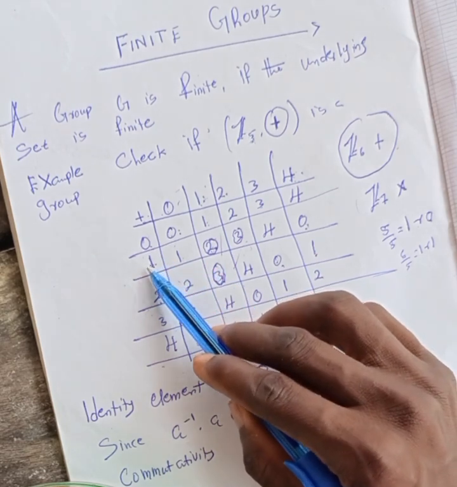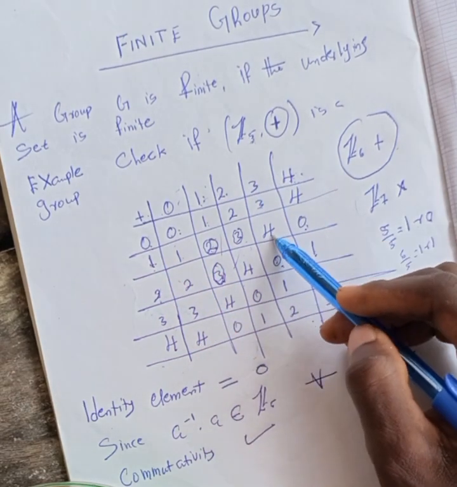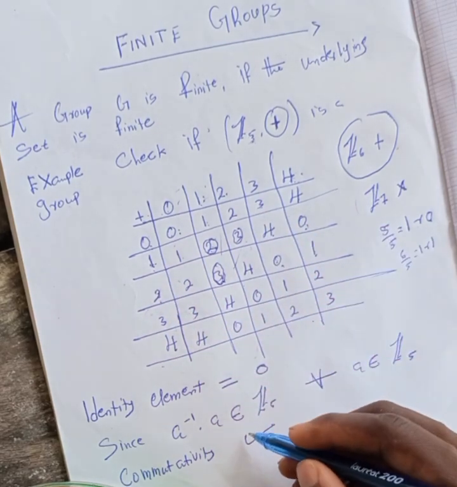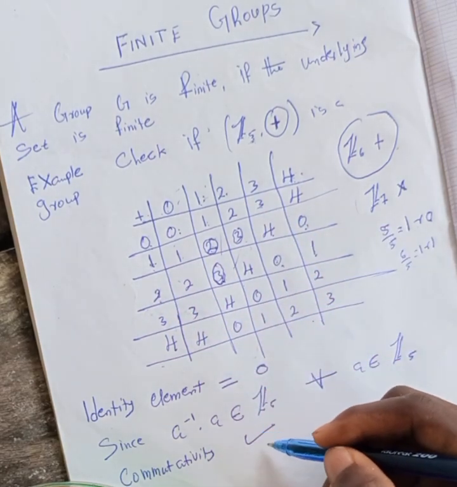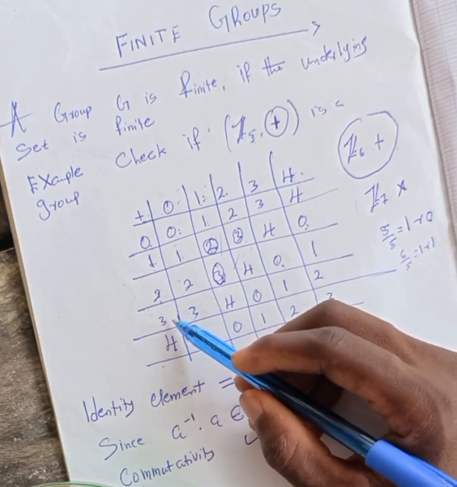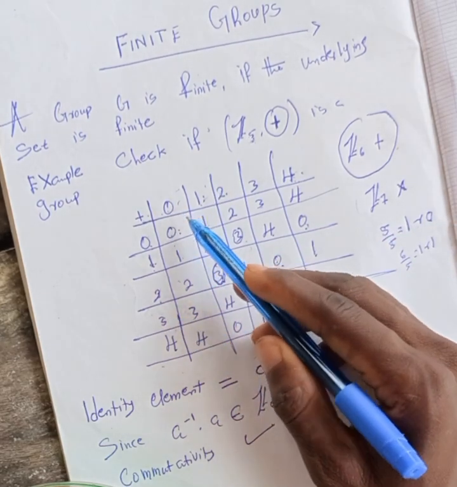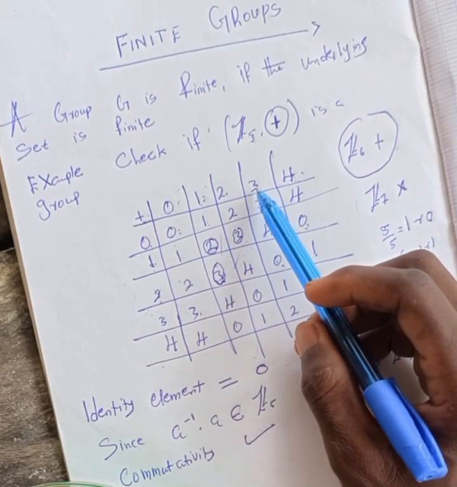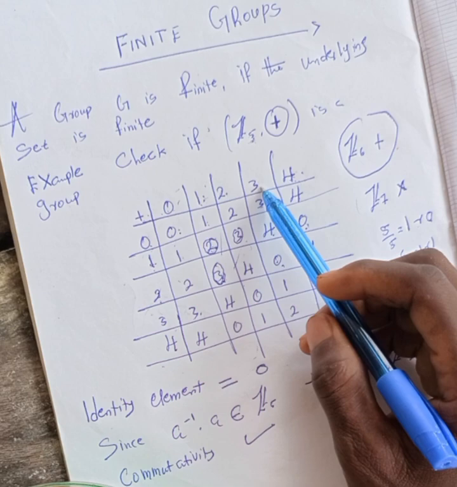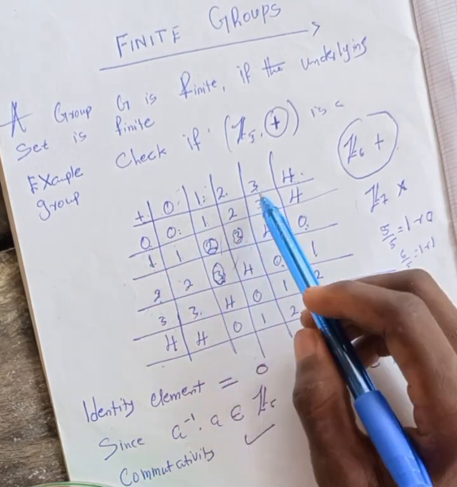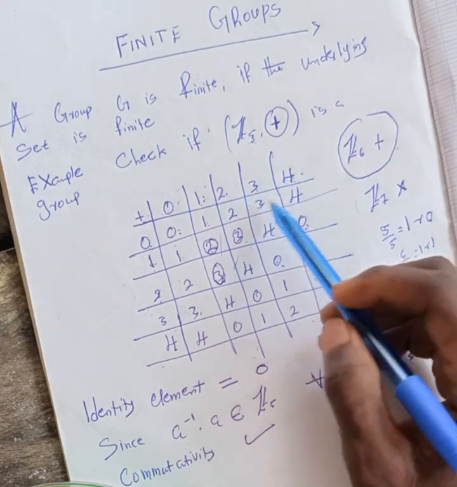Let's check 1 plus 3. 1 plus 3 is 4 in this case. Let's check the other one: 3 plus 0 is 3, and 3 plus 0 here is also 3. So it is commutative for this region.